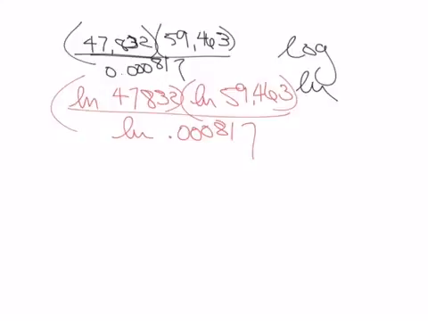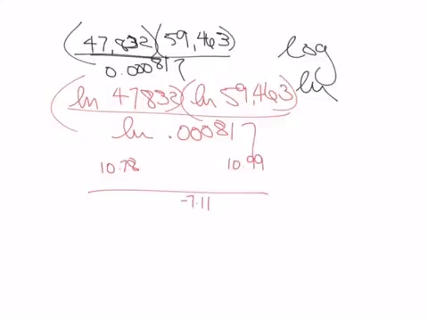Okay, so we do the exact same thing. We take the ln and we get an exponent of 10.78, and for the other one we get an exponent of 10.99, and for the bottom we get a negative 7.11. Okay, those are our exponents when we take ln of each of these.